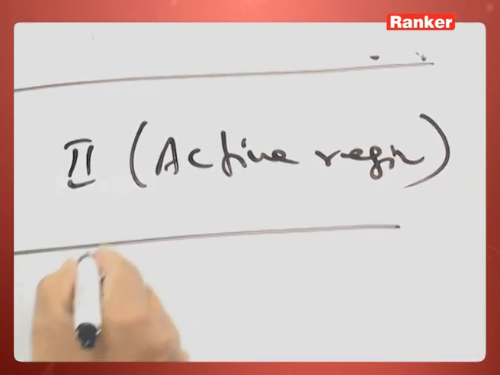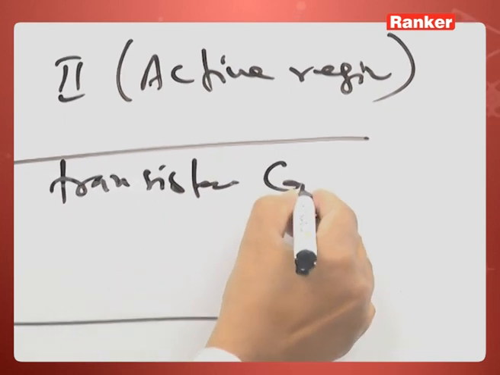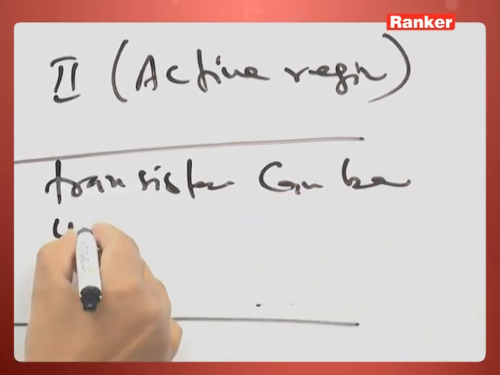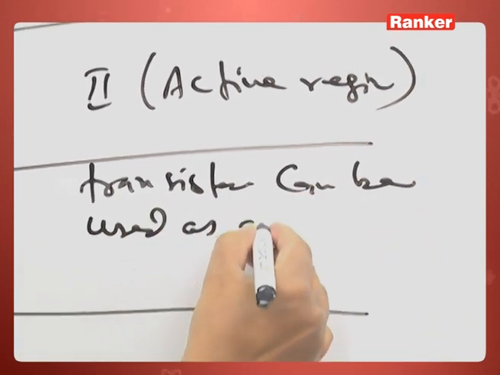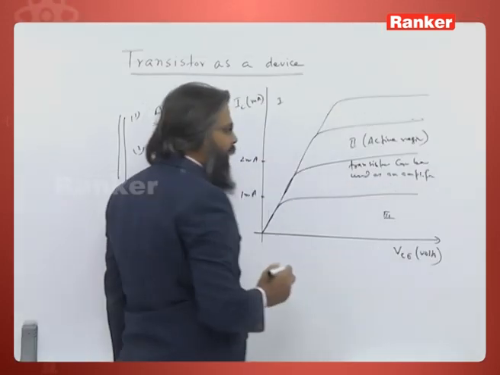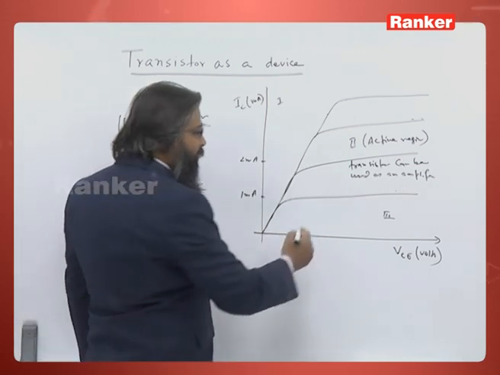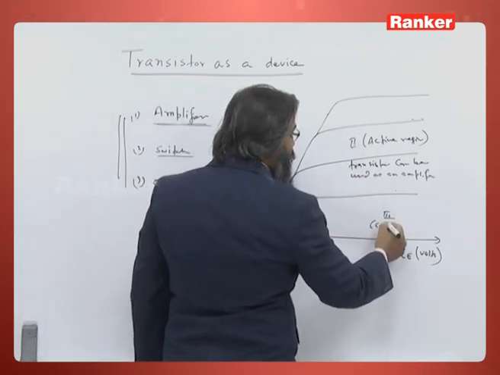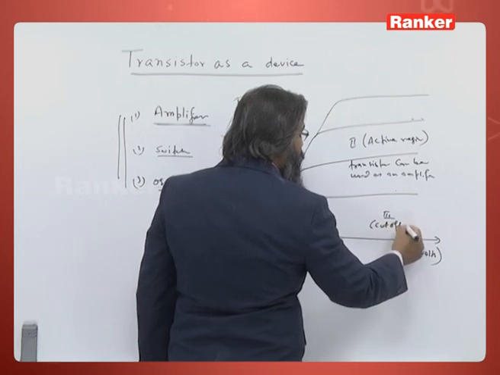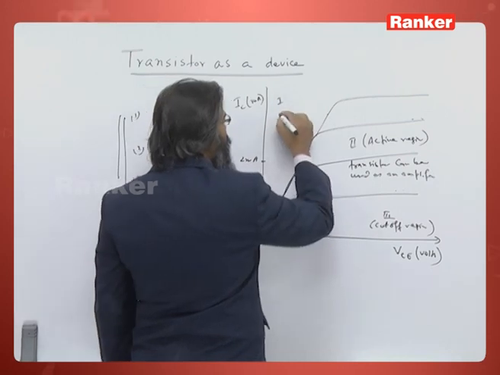The transistor can be used as an amplifier in this region. Now, as a switch, this region is called the cutoff region, and this whole region is called the saturation region.